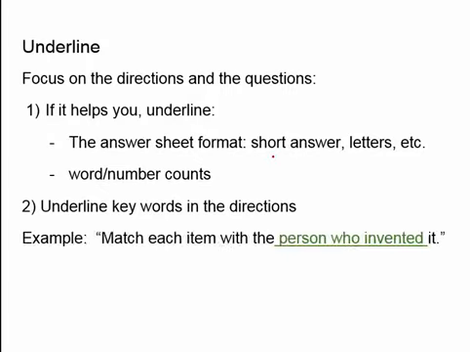For example, let's imagine we have a matching question, and in the directions, it tells us to match each item with the person who invented it. You would want to underline "person who invented," because that is the information you are supposed to search for in the passage.